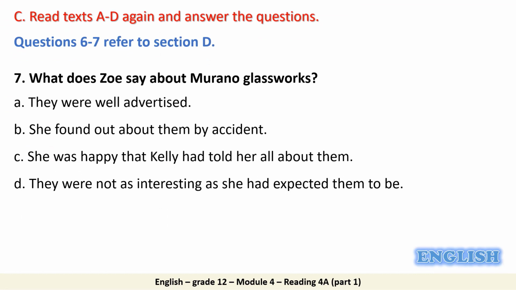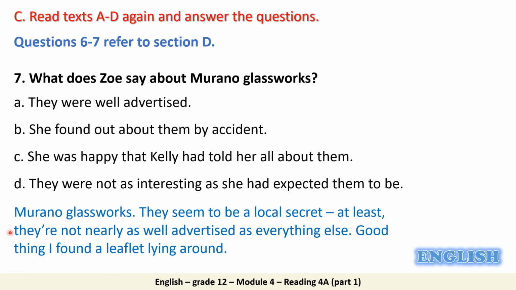This is question 7, and it goes like, what does Zoe say about Murano Glass Works? This extract will help us answer the question. And yes, good thing I found a leaflet lying around. What was the leaflet about? Can you tell me? Excellent. The leaflet was about the Murano Glass Works.